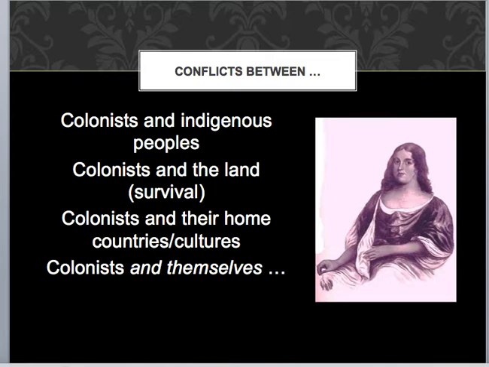The conflicts between the colonists and their own home countries and cultures. One of the reasons that European colonists came to North America was to be able to, for instance, practice religion the way that they wanted to, which, depending on where they were from, might be illegal where they were from.